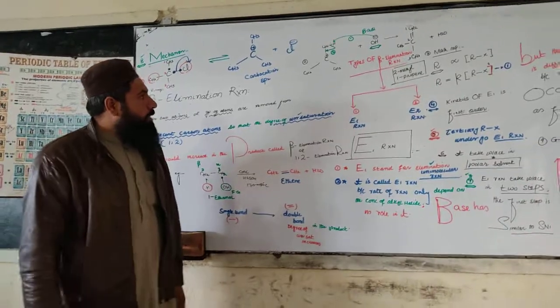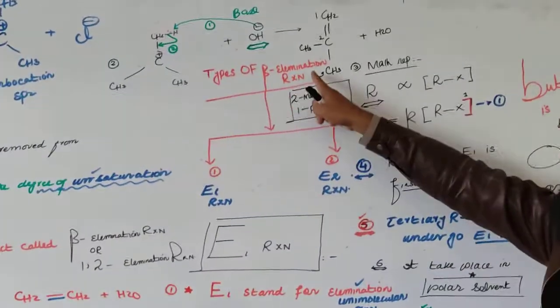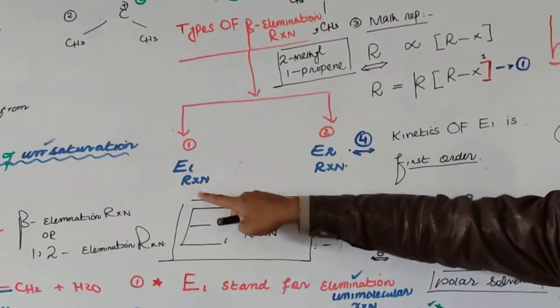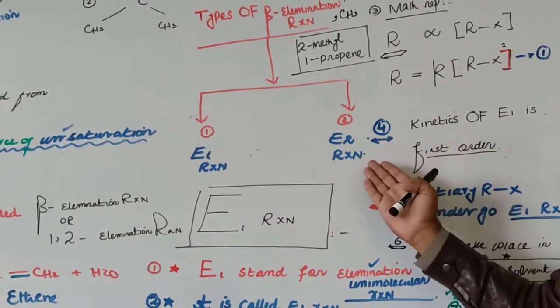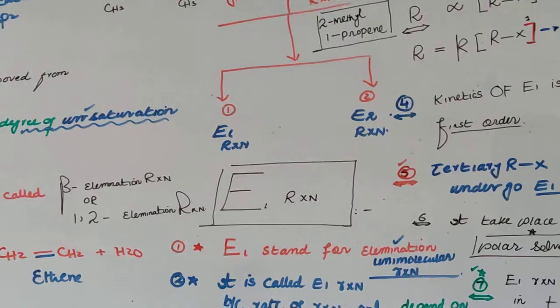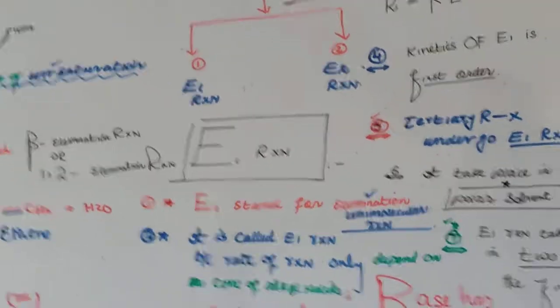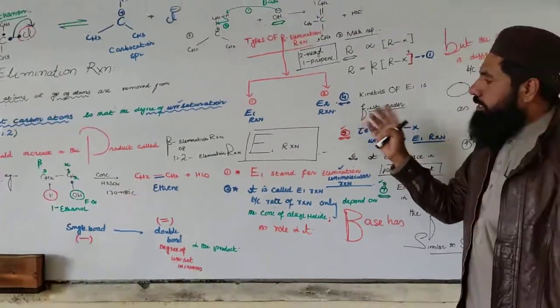Now there are two types of beta elimination: the E1 elimination reaction and the E2.